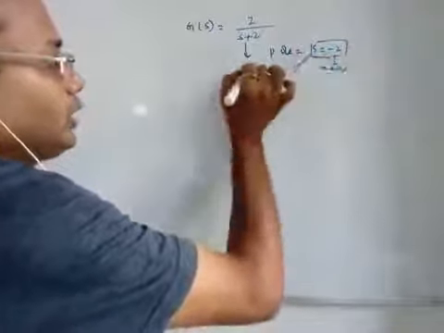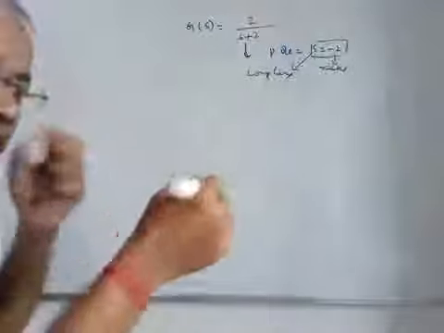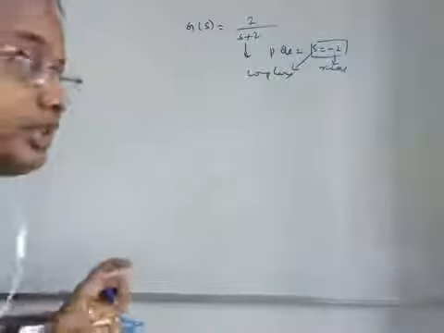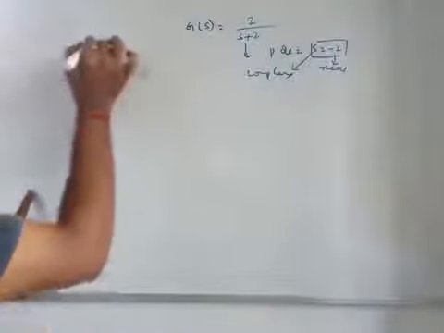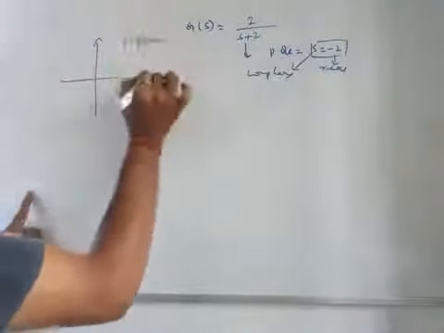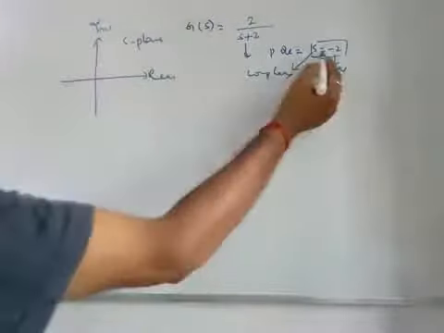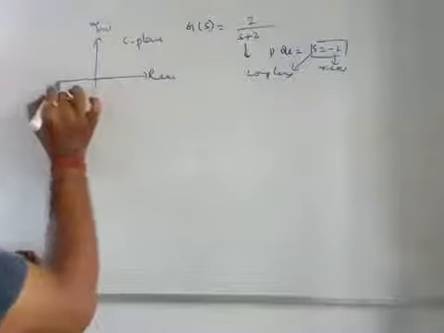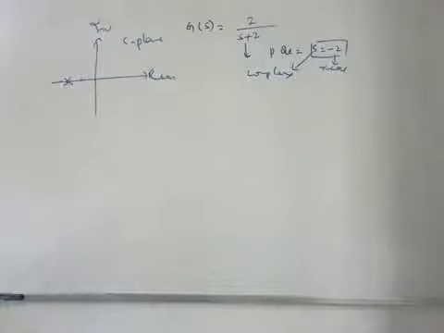As we know, s is a complex quantity, so it may have some real value as well as some imaginary value. And we saw from the previous discussion, this is your s-plane, the Laplace plane. This is the real axis, this is your imaginary axis. So s equal to minus 2 means this is your 0, then minus 1 and minus 2. Here is the location of your pole, right?